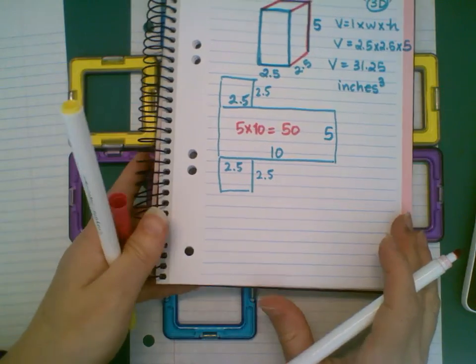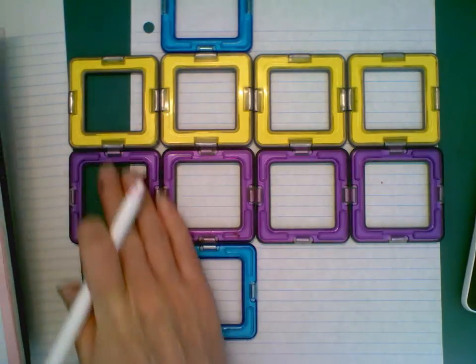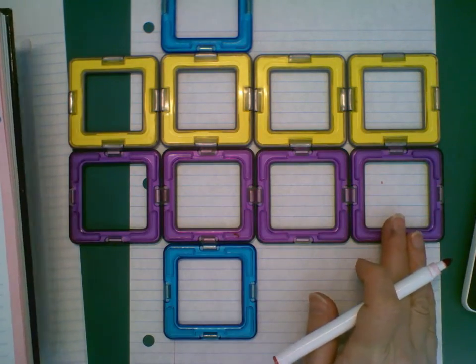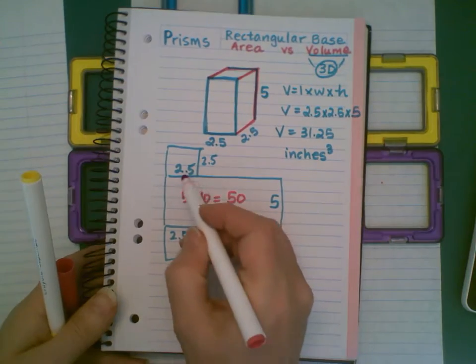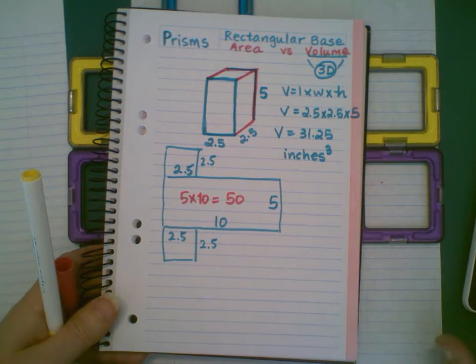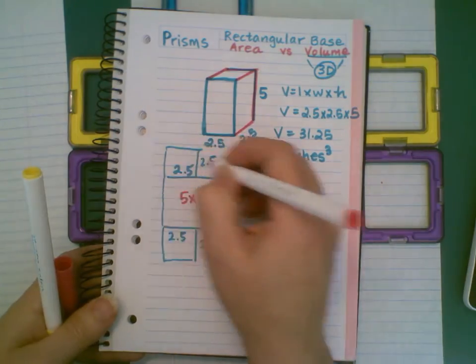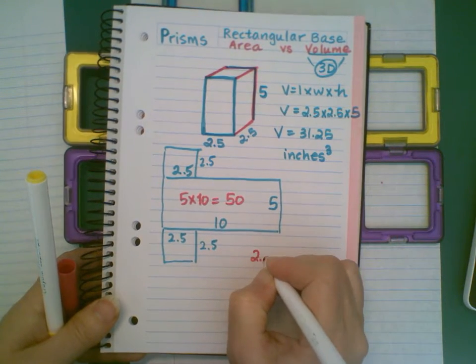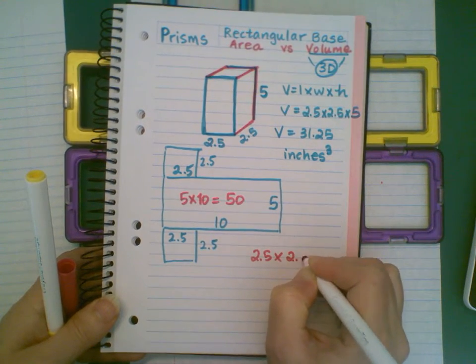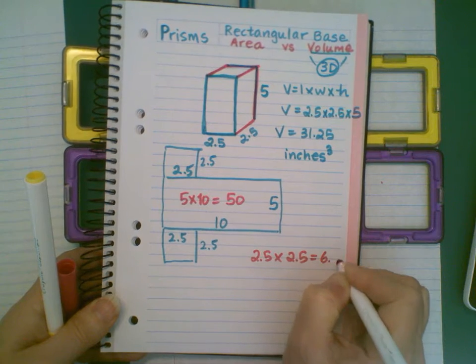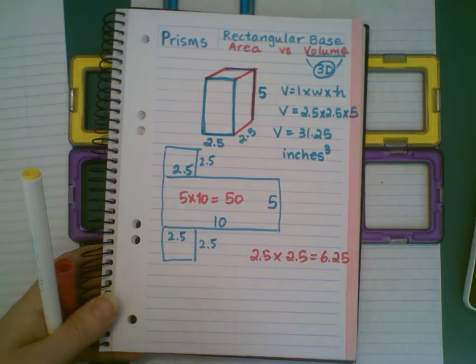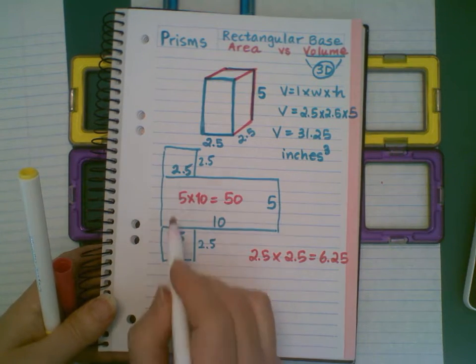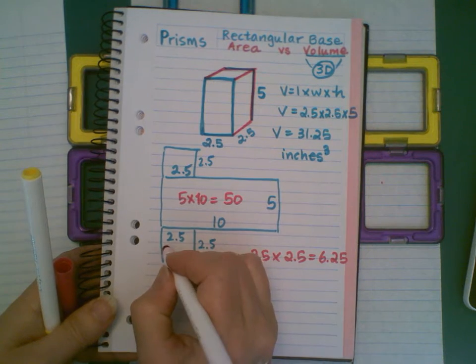So that 50 describes all of the yellow and all of the purple that I've got down here. And then 2.5 by 2.5 is 6.25. So the area of each of the little squares on each side is 6.25.